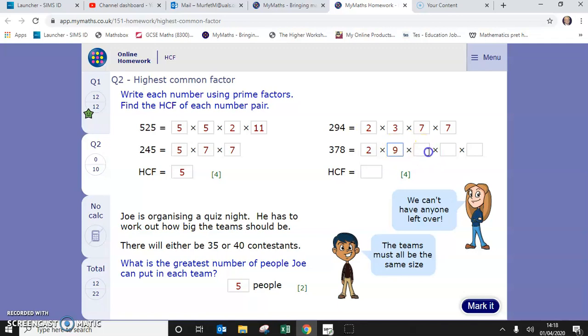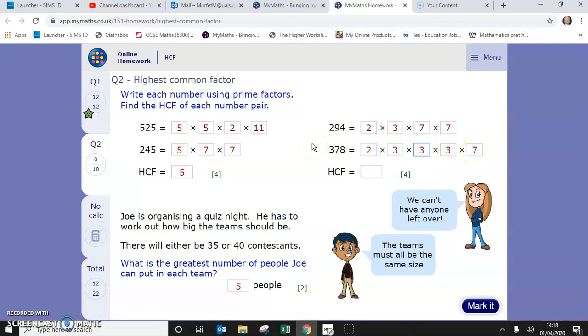So I could say 9 and 21. However, I'm now struggling because 21 is going to be 3 times 7. So that gets rid of my 21. But I've now got a gap here. Thinking 9 is not a prime factor. So I'm trying to make that a prime number now. 3 times 3 makes 9. So I now end up with 2 times 3 times 3 times 3 times 7.